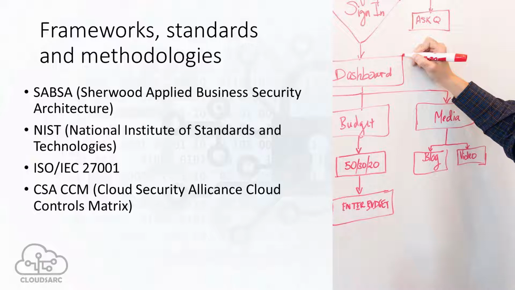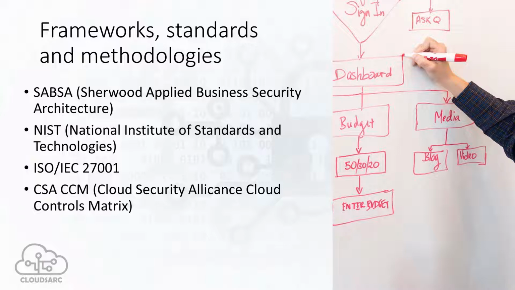Many cloud service providers offer security controls mapped to the ISO 27001 standard. The CSA Cloud Controls Matrix, the CCM, is a cybersecurity control framework for cloud computing, composed of 197 control objectives that are structured in 17 domains.